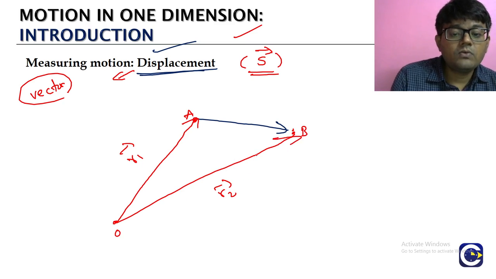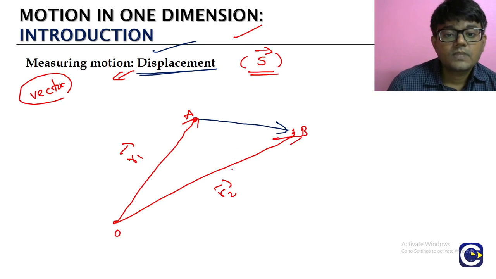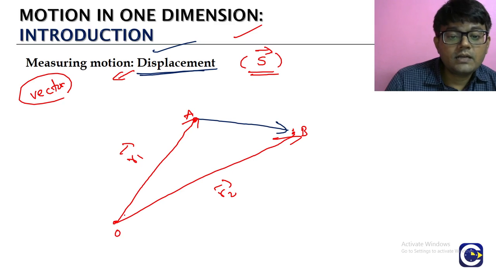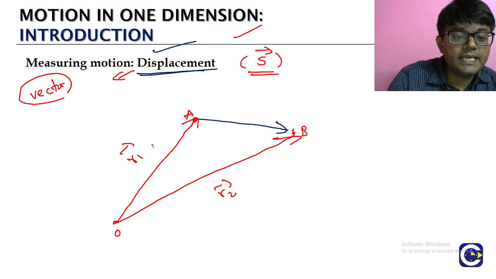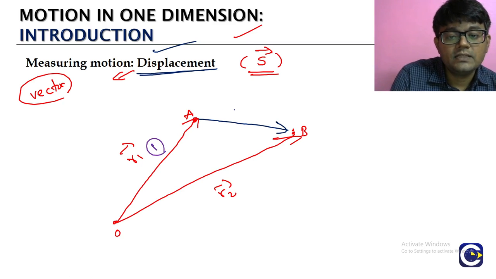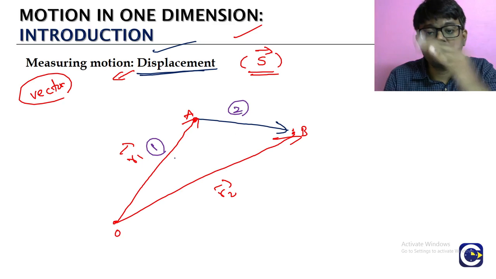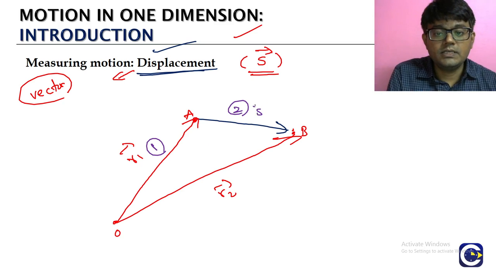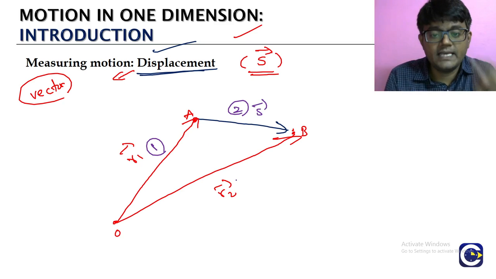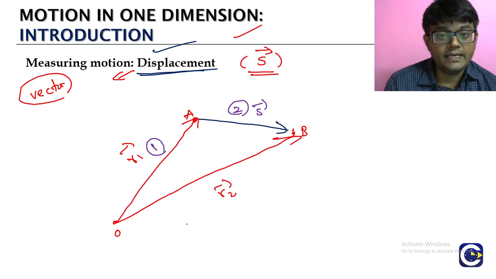Now when you look at this triangle here, can we think of the triangle of vector addition? What do we see when we observe the triangle carefully? This is like one side of the triangle, and this is like the second side of the triangle, taken in order. R1 and S bar are like the two sides of the triangle taken in order.